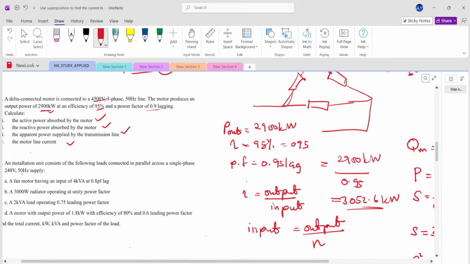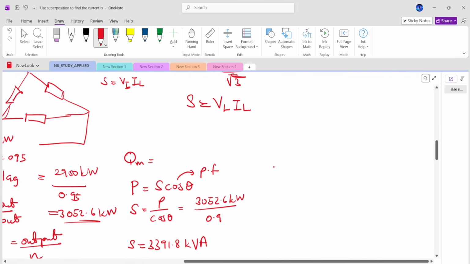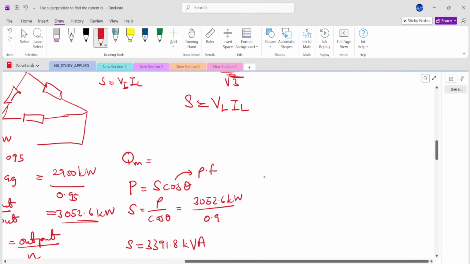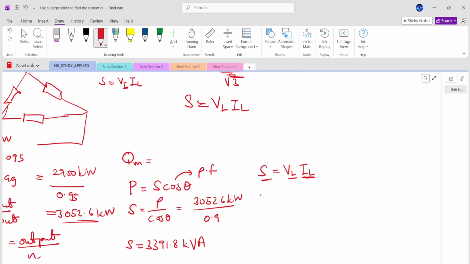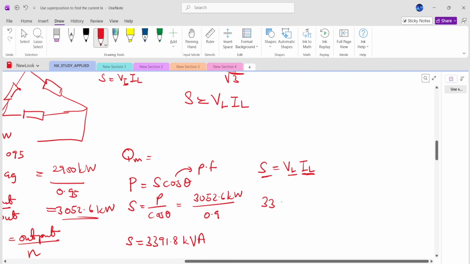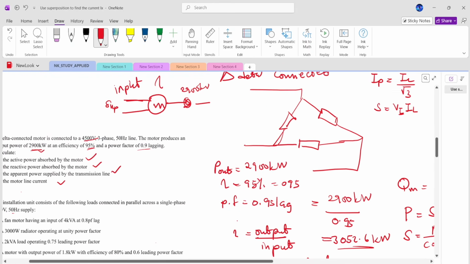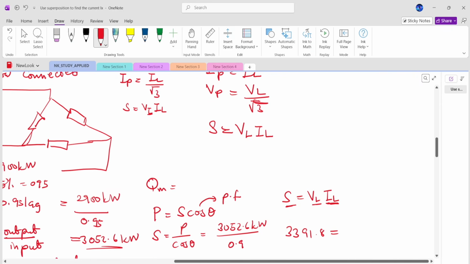Then the next question is to find the motor line current. The relation for the motor line current is S is equal to root 3 VL IL. This is the line current, this is the line voltage, and this is the apparent power. So we know S was given to be 3391.8, divided by the line voltage, which was also given to be 4500 volts.